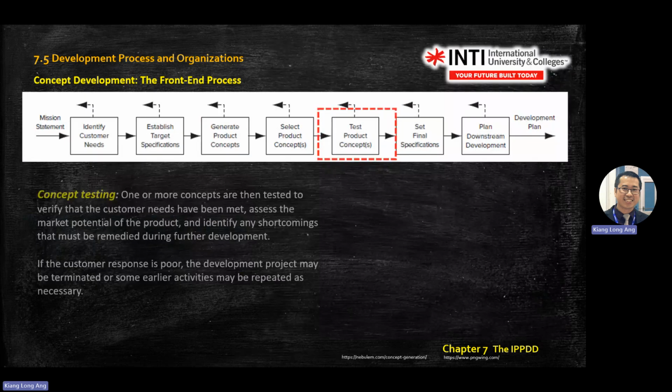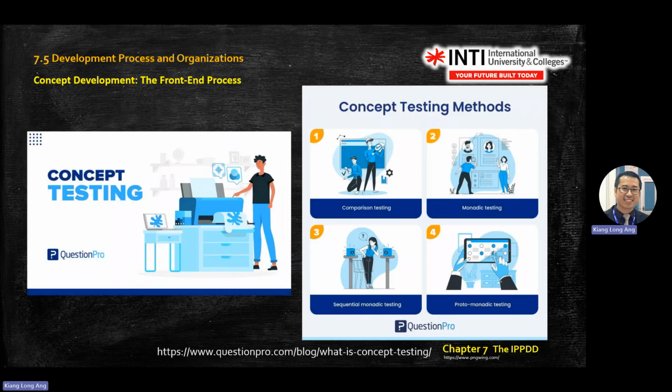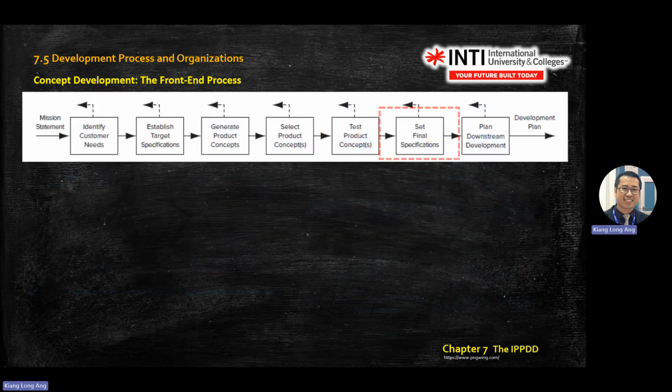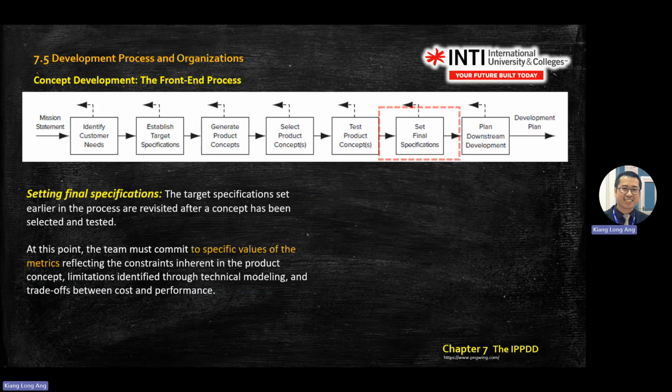Okay. So test products, you test it with all the necessary. So in your EDP project also, you will come across testing your product concept. You need to design how to test the products. Okay, concept testing and so on. Then final specification.